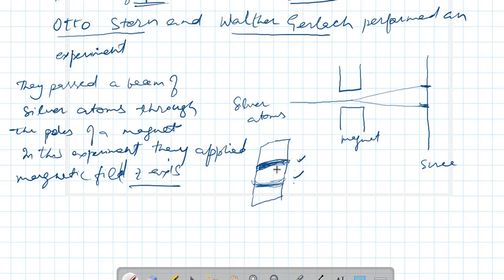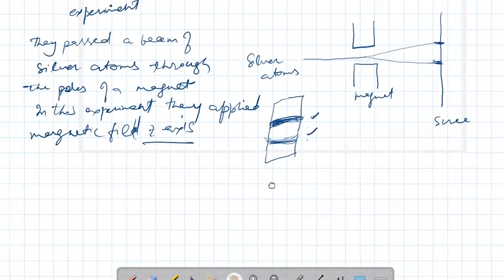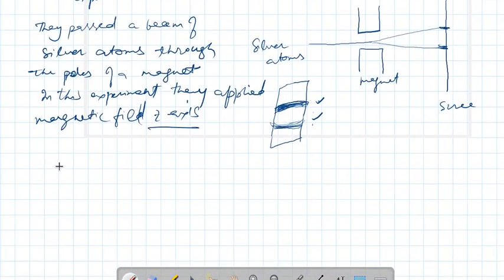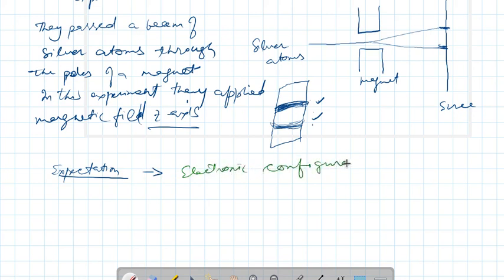Now let us try to see what we are expecting through this experiment. Expectation from this experiment. Let me recall the electronic configuration of silver atom.